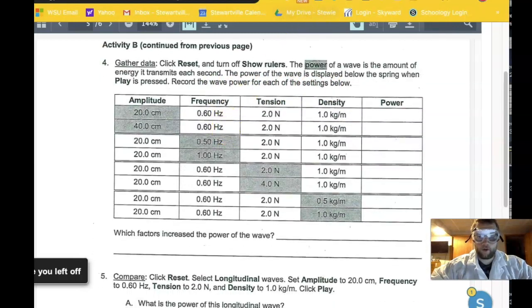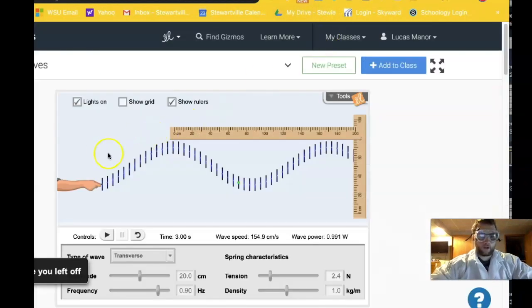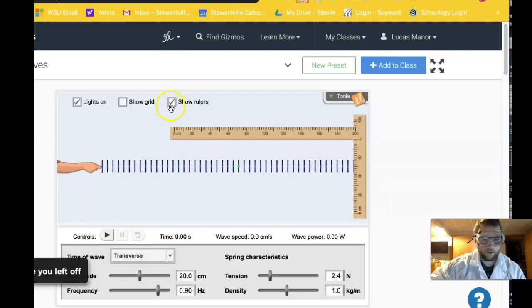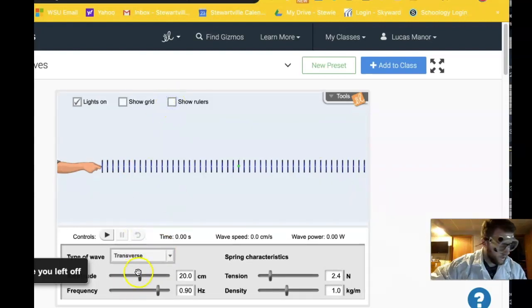Alright, so we're going to head over to our Gizmo, and for our first one, we need our amplitude at 20 centimeters. We need the frequency at 0.6 hertz. We need our tension at 2 newtons.